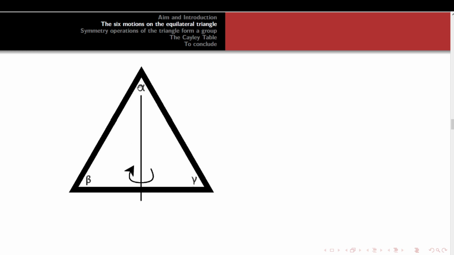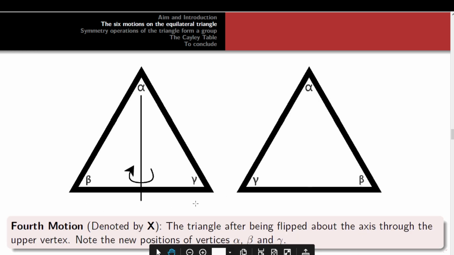Okay, so that means the alpha is going to remain as such here, but this gamma and beta will be flipped, right? So what you get at the end is like this: the alpha will remain as such, beta will be changed to gamma, and gamma will be changed to beta, right? So that is the fourth motion we are talking about, and that you can denote it by capital X.